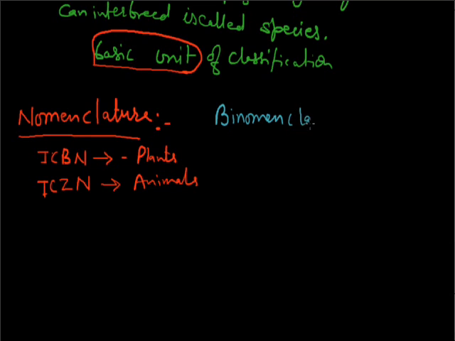Binomial nomenclature is the naming of plants and animals on the basis of certain rules and regulations. Binomial nomenclature was given by Carolus Linnaeus. Carolus Linnaeus is also known as the father of taxonomy.